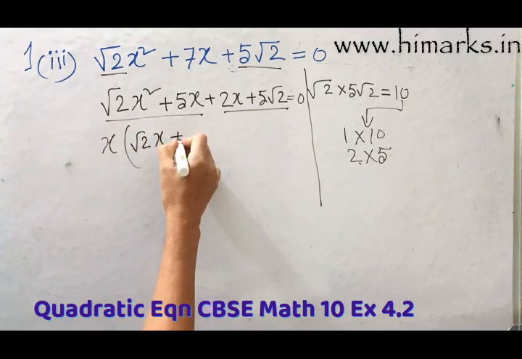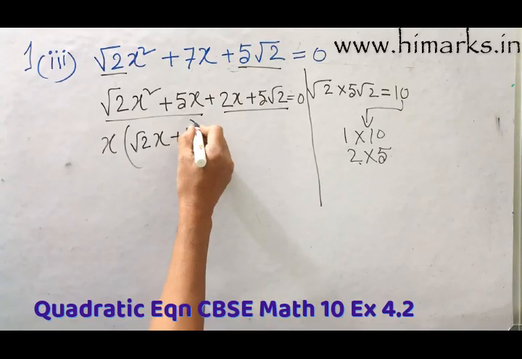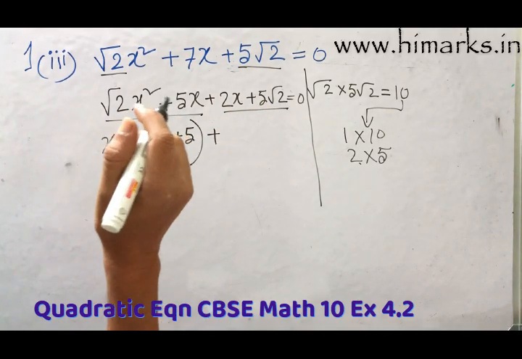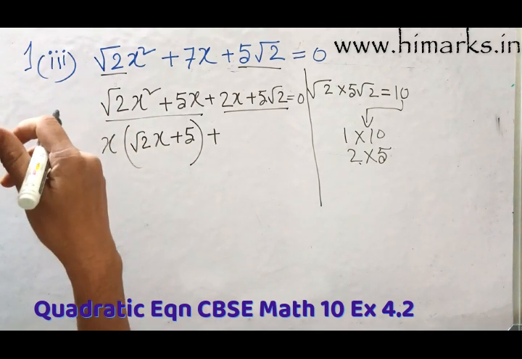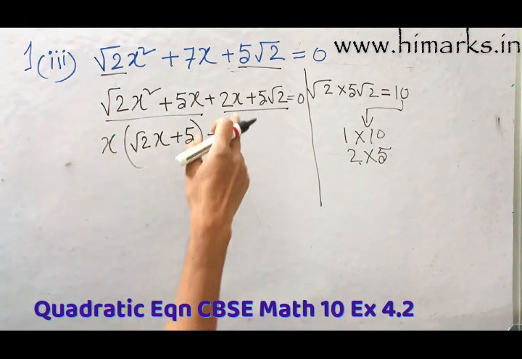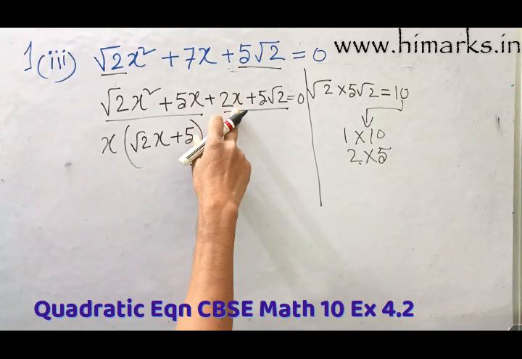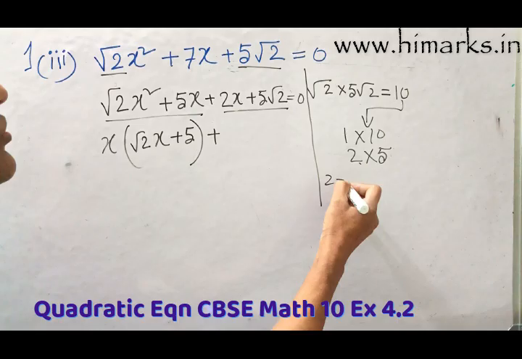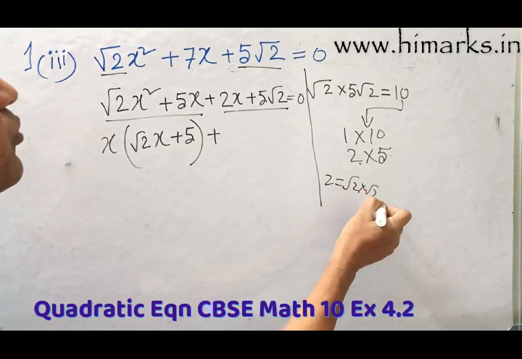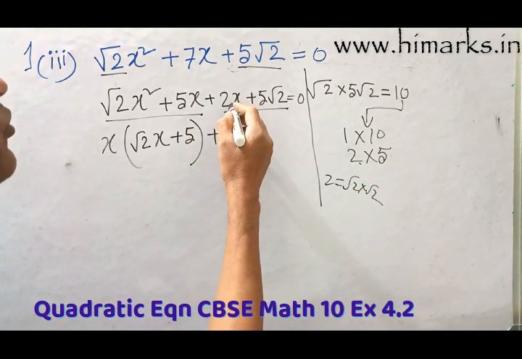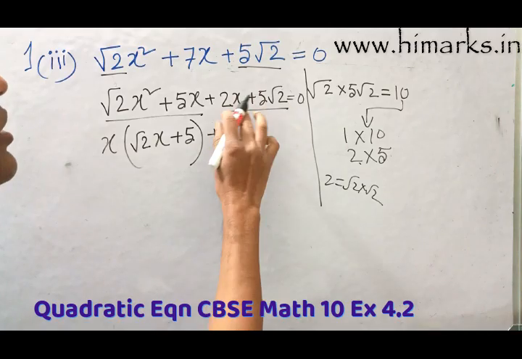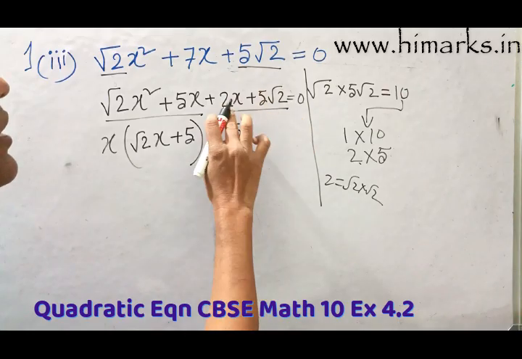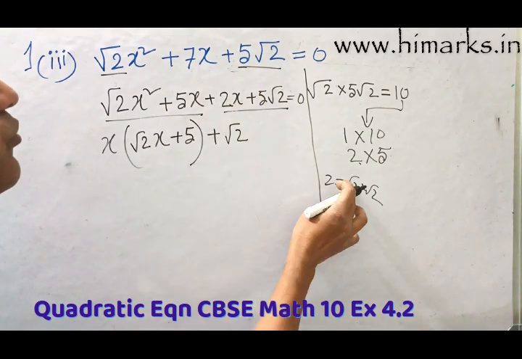From here we have taken only x out, so 5 is here. Good. Between these, what is common? If nothing is there, 1 will be common. But here, observe very carefully, 2x and 5 root 2. This 2 can be broken as root 2 into root 2. That means between these, only root 2 is common, because root 2 is also here, and 2 you can write as root 2 into root 2.